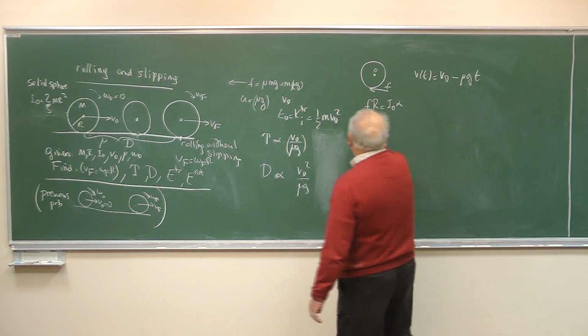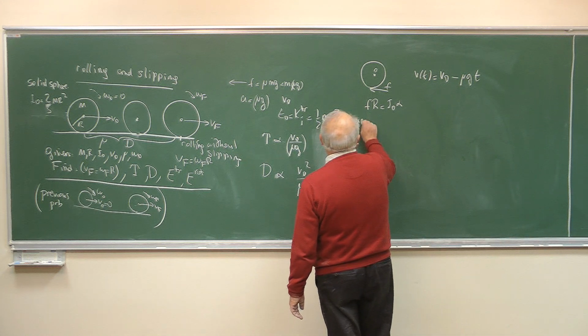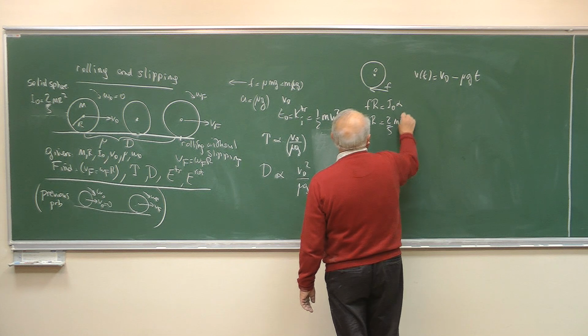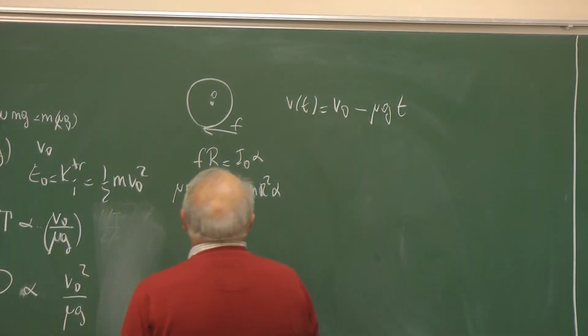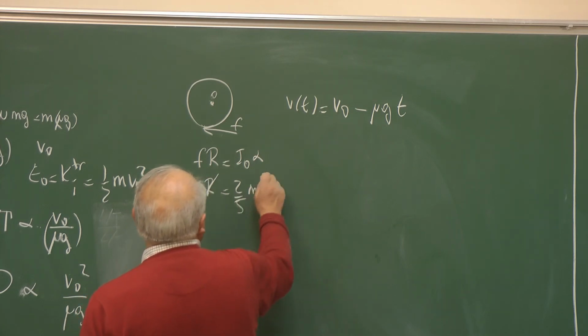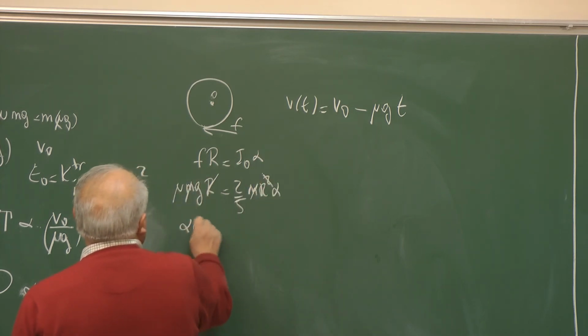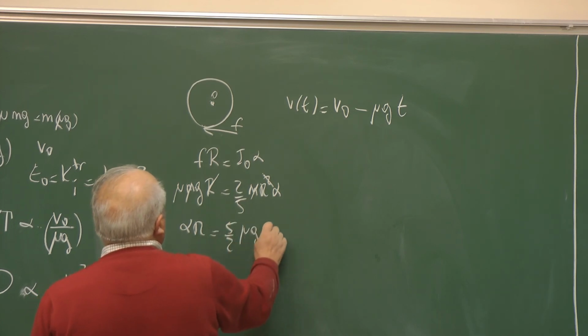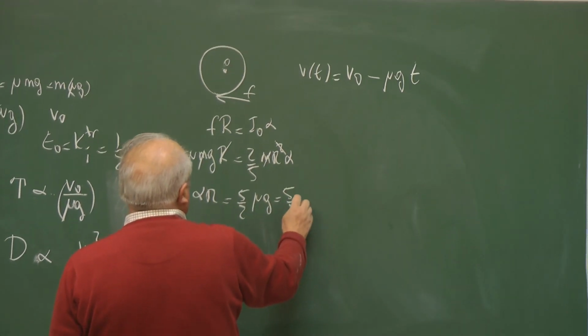So mu mg r is equal to 2 over 5 m r square alpha. M's cancel. So alpha r is 5 over 2 mu g, or 5 over 2 a.